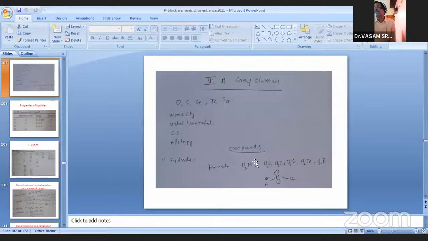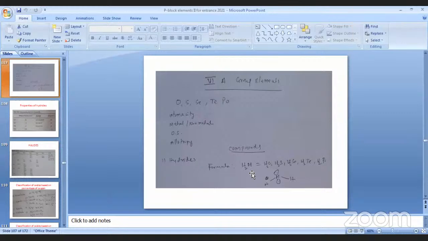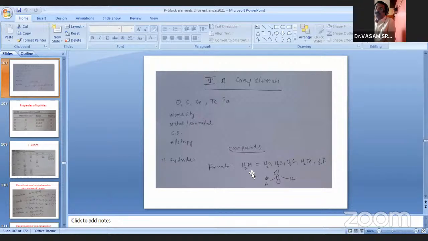In H2M, M is the central atom and its valence electrons are 6. Out of the 6, 2 electrons are shared with the 2 hydrogens, forming 2 sigma bonds. The remaining 2 lone pairs are present around the central atom. Therefore, the central atom has 2 sigma bonds and 2 lone pairs, 2 plus 2, 4, which means sp3 hybridization.